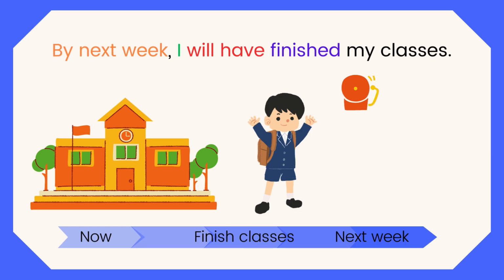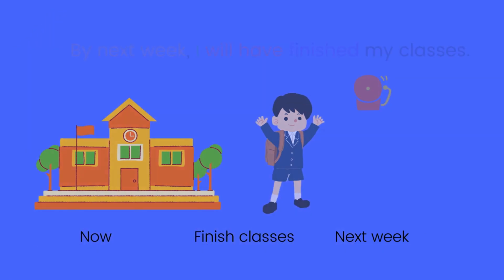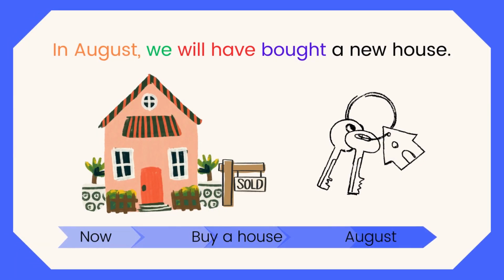And that's an example of what by the time means. I can also say, in August, we will have bought a new house. So when August comes, and August here is in the future, a new house will have been bought. So these are two events all happening in the future.